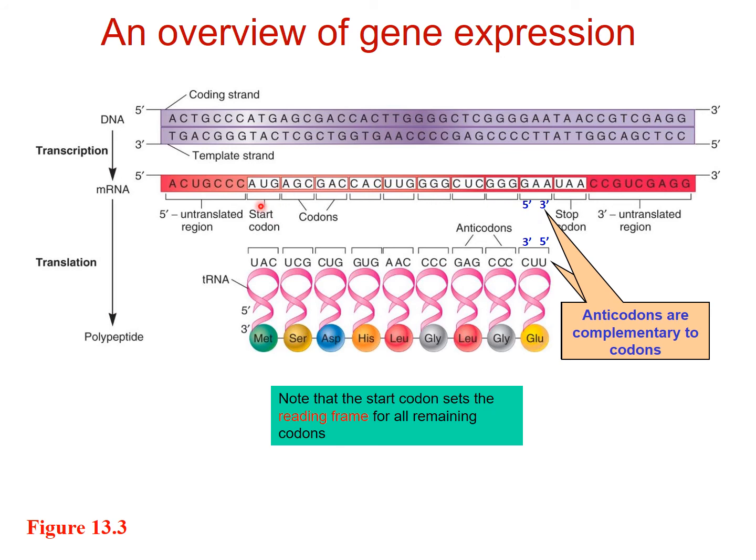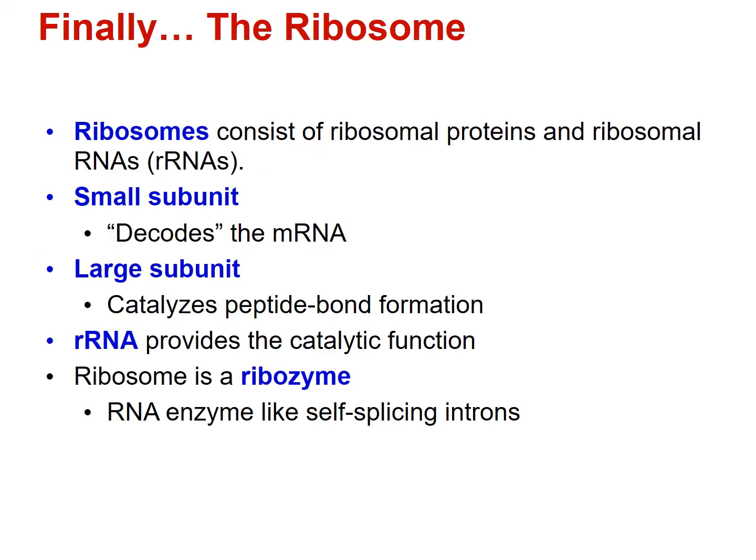Now, I've talked a little bit about reading frame, and the reading frame that occurs for this protein in particular is set by the start codon, and there are other components that will help to determine that reading frame. Okay, so we finally get to the ribosome, and the ribosome is the business end of all this.